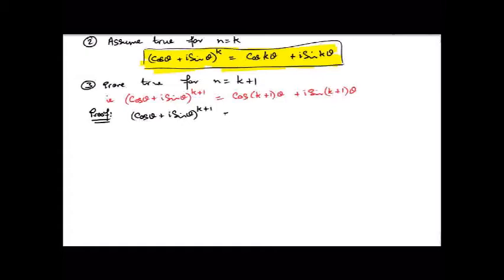Now remember, what you and me have to do is find a way of bringing in the assumption. So how could I use (cos theta + i sin theta) to the power of k? Absolutely. Isn't (cos theta + i sin theta) to the power of k+1 the same thing as (cos theta + i sin theta) to the power of k multiplied by (cos theta + i sin theta)?